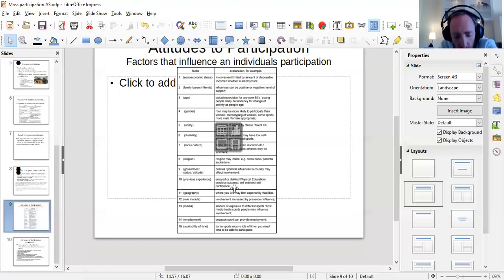And vice versa. If you have a negative experience, that's going to create a negative influence on you, and how you might pass that on to others in your sphere of influence, family members, children, and so on.